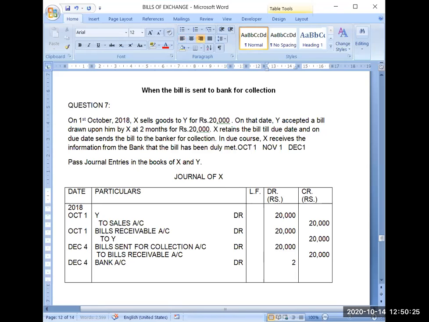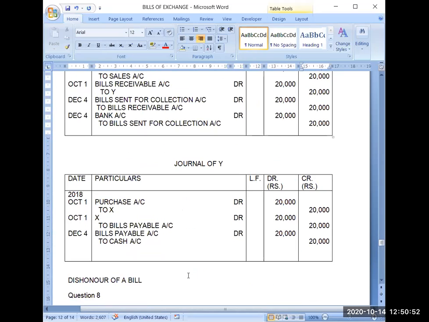I don't need to memorize it. 20,000, the money has been deposited in my bank account to bills sent for collection account. So X has received the payment through bank and Y has made the payment.